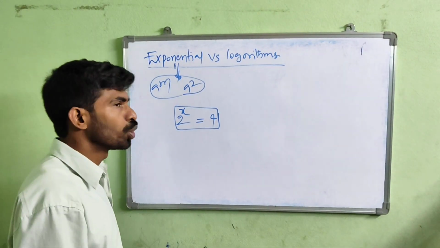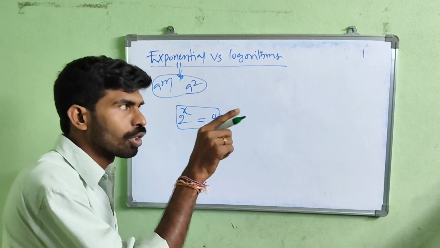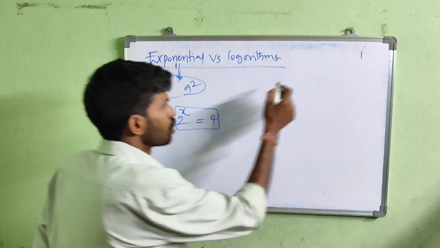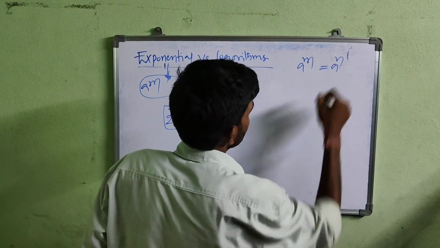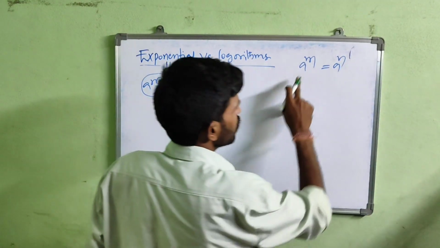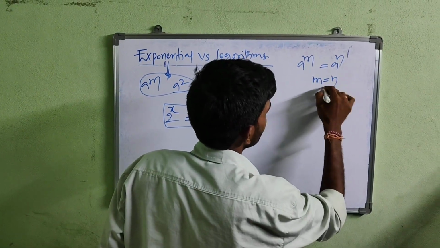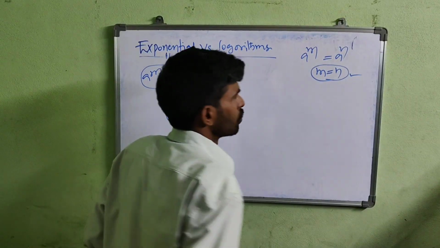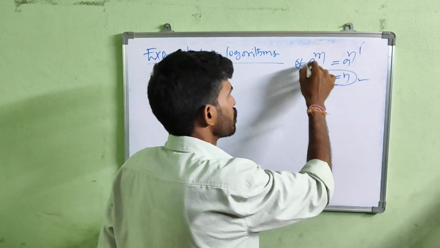I already told you in the formula, if the bases are equal, powers also equal. If it is on both sides, for example, a power m is equal to a power n, it means if the bases are equal, powers also equal, here m equal to n.